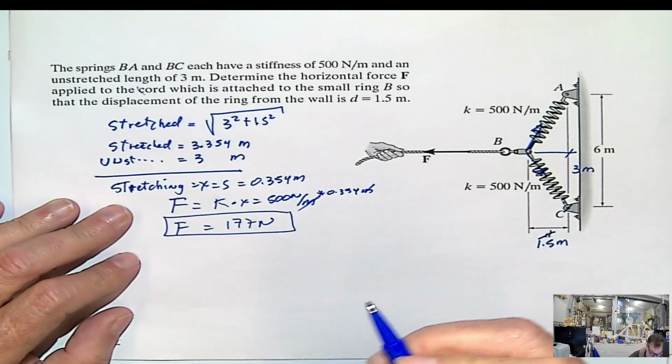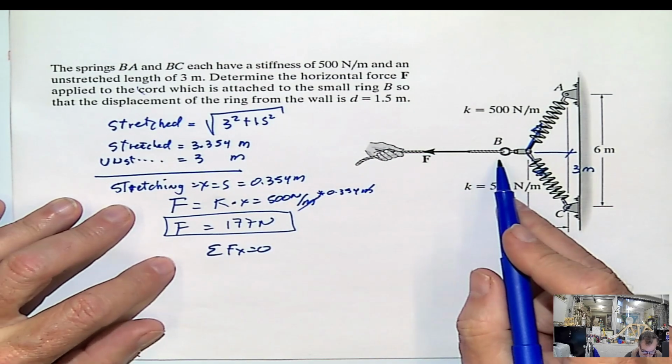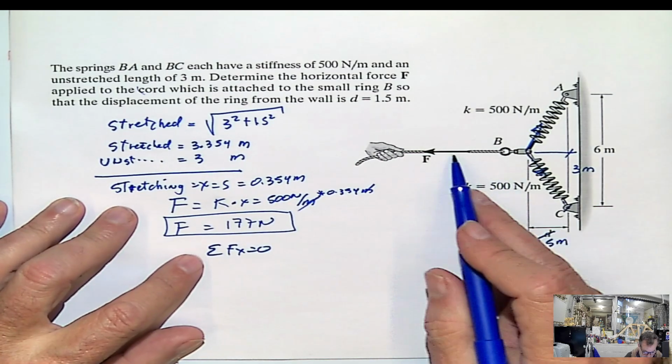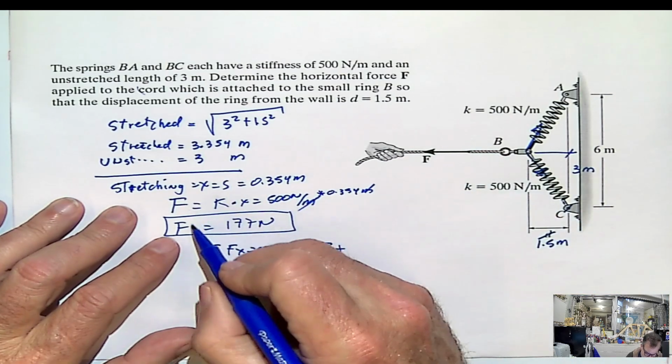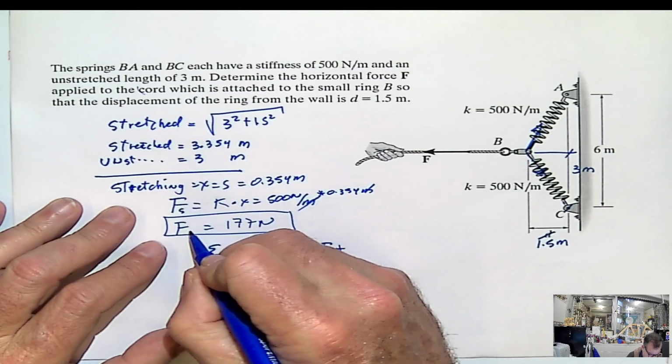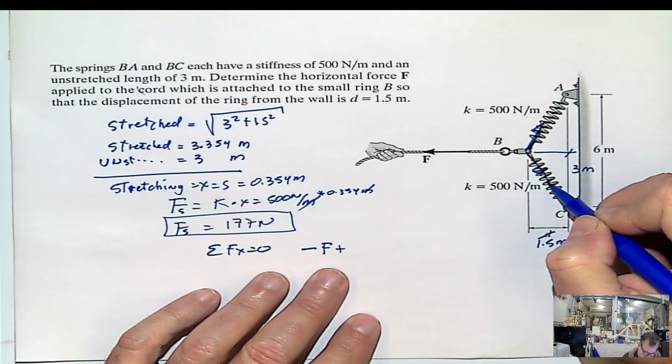Now, by doing a very simple summation of forces in x equals 0, we could calculate that force F. Then we have negative F plus, I shouldn't call this F, I'm going to call it F for the spring, plus this plus that, but they are the same.